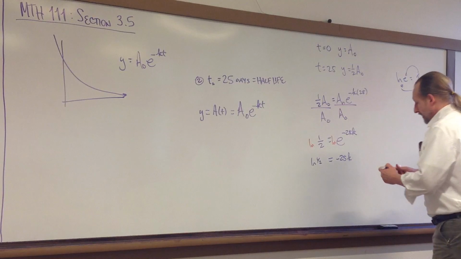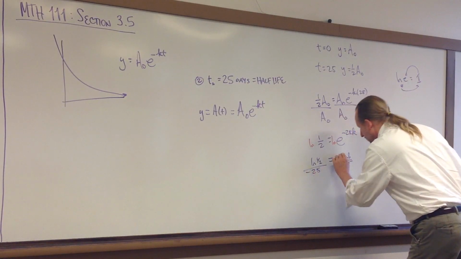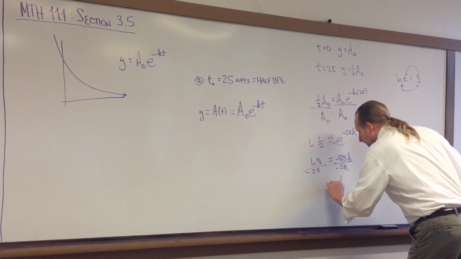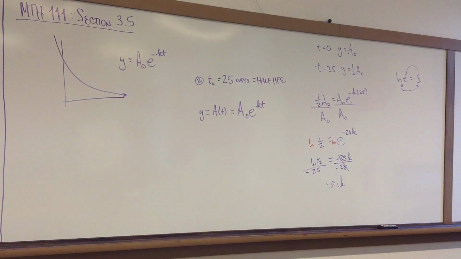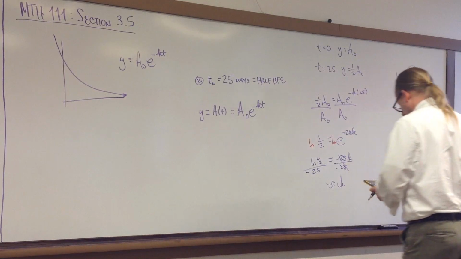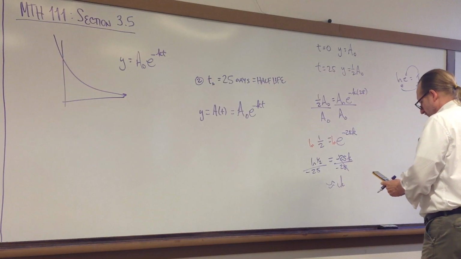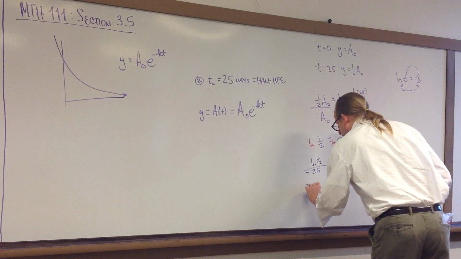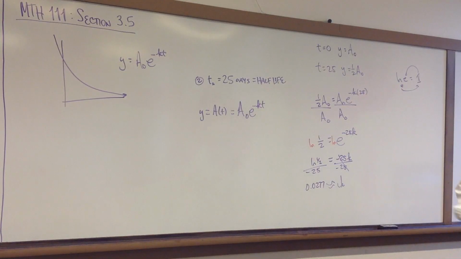All we have to do now is divide on both sides by negative 25, and k is going to be ln 1/2 divided by negative 25. And that's about 0.0277, let's call it. So there's one way of approaching that.